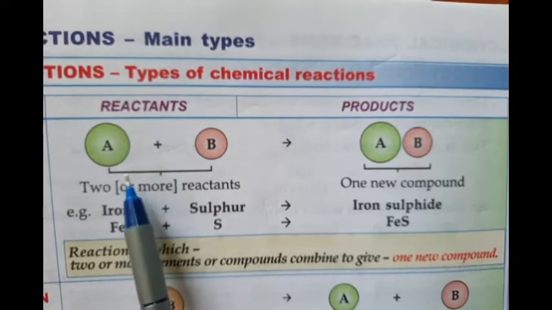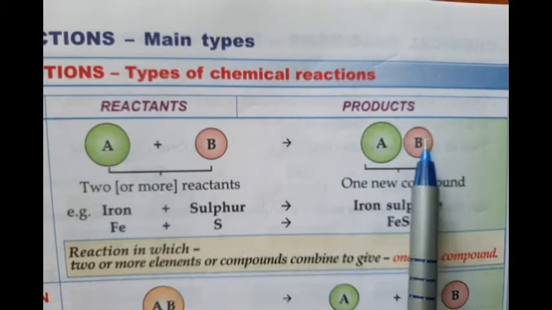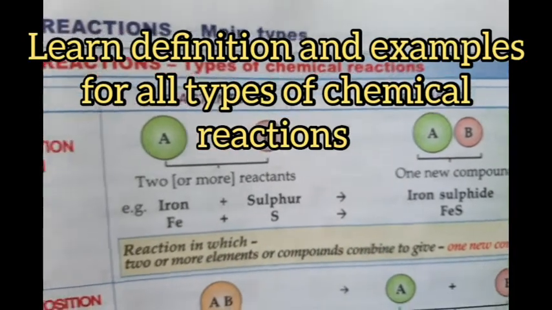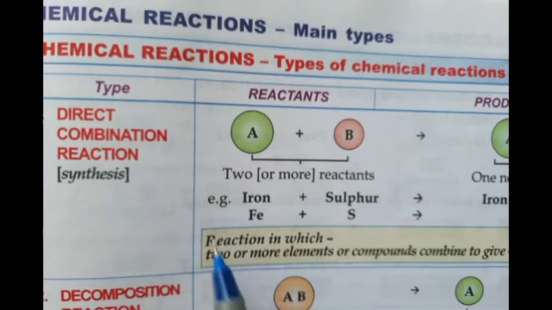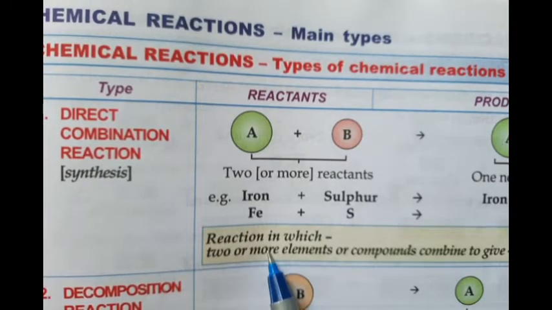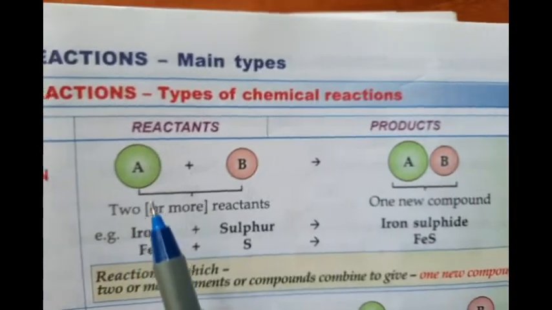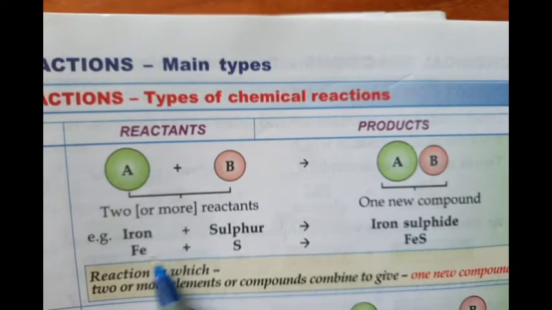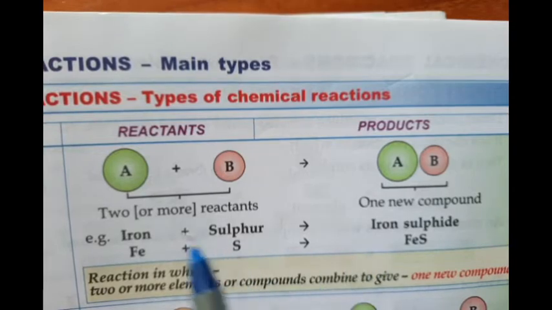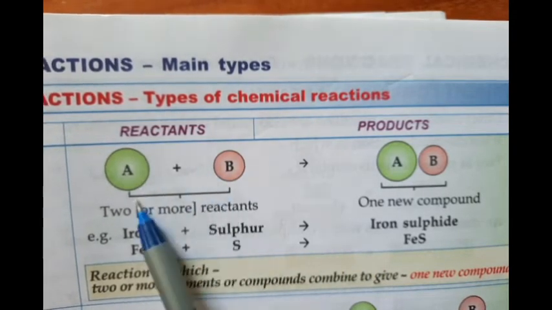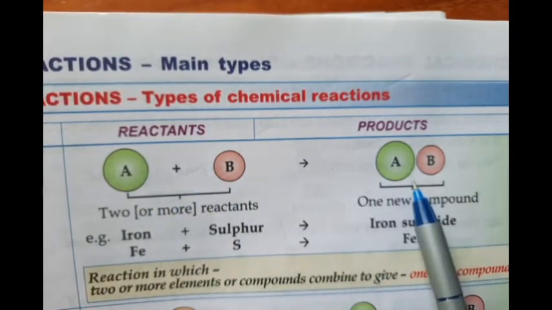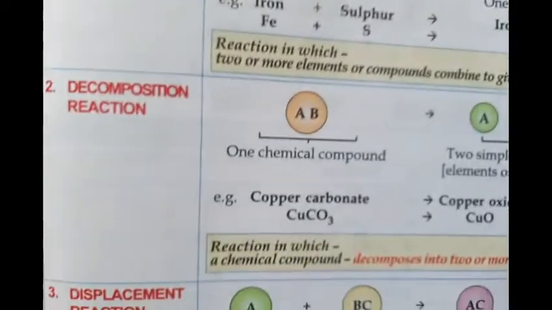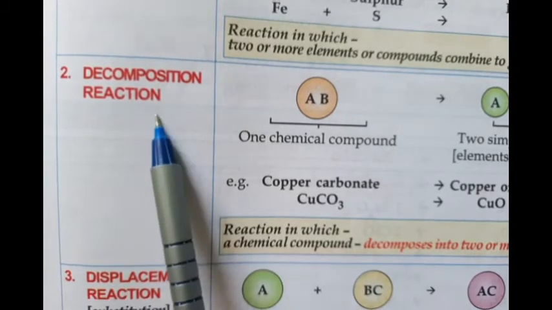Below that, write down the general example, A plus B gives AB, and a particular example, Fe plus S gives FeS. So when two, three or more elements or compounds combine, we get a single product, that is called combination reaction, students.